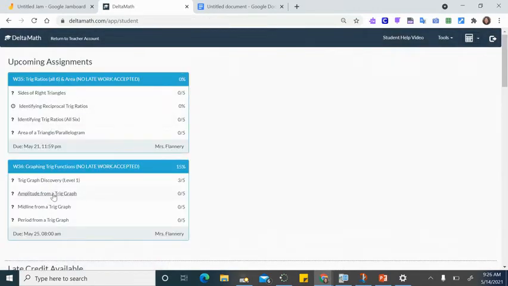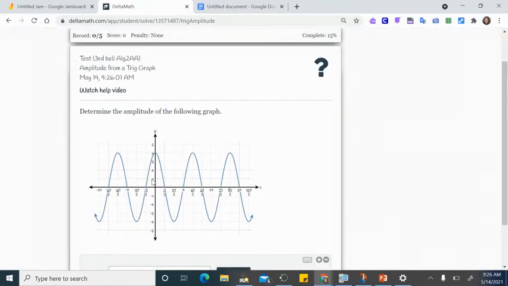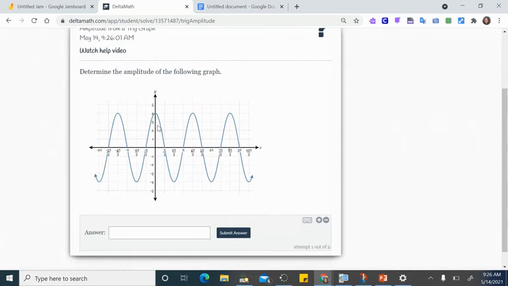Then you're going to work on amplitude from a graph. Amplitude talks about how stretched it is, right? So this is pretty darn stretched. Now, normally, these trig functions only go from -1 to 1. So anytime we stretch them a little bit longer, here's how you do it.